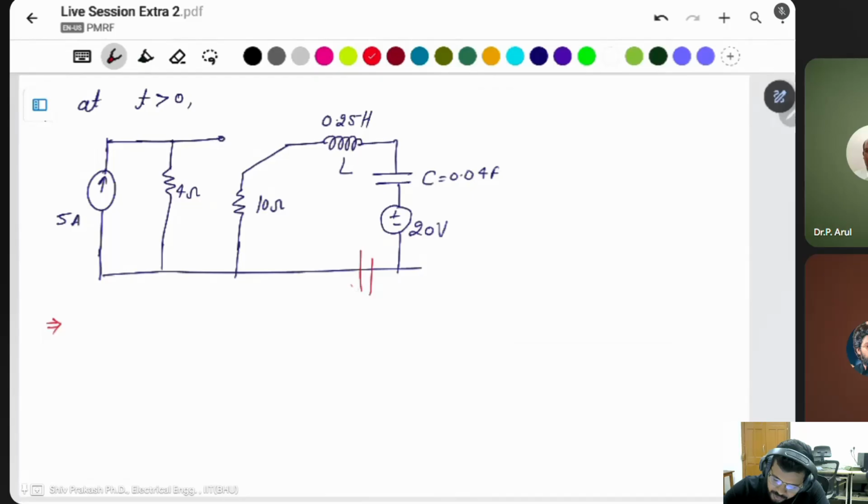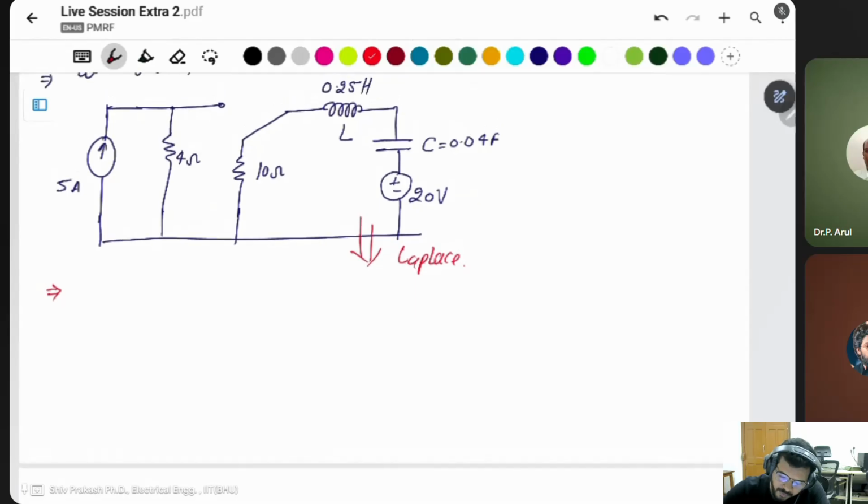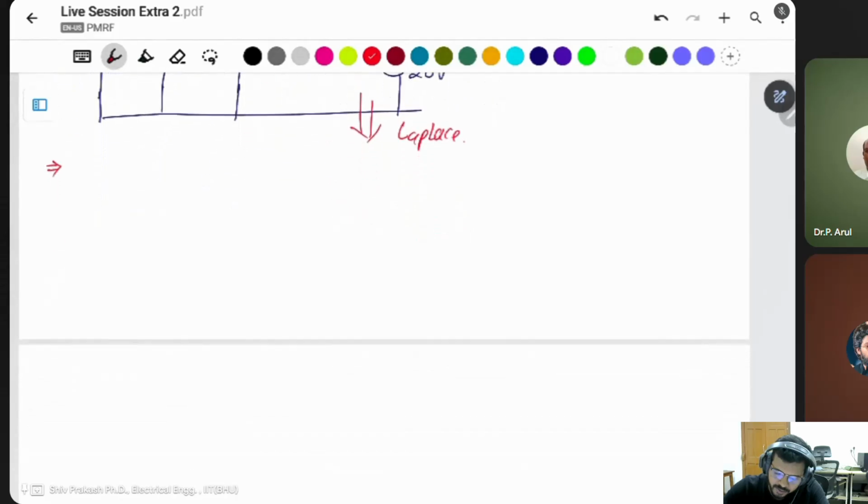Let's try to convert into Laplace. The resistor is the same, inductor and capacitor will change.